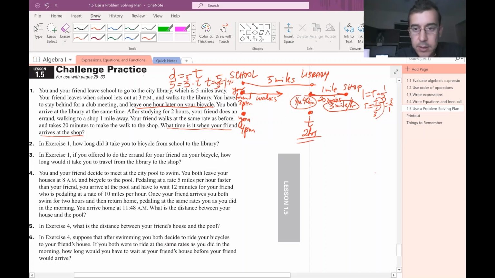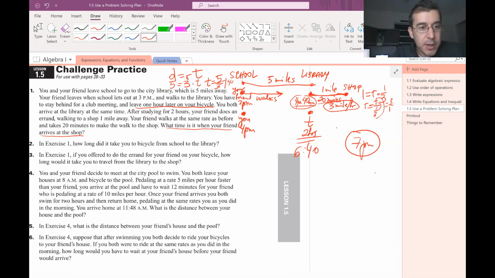So that's 6:40. And then 20 minutes he walks from the library to the shop, so 4:40 plus 2 hours is 6:40, and then 20 minutes walking, that's 7 p.m. That's the answer for 1. Okay.